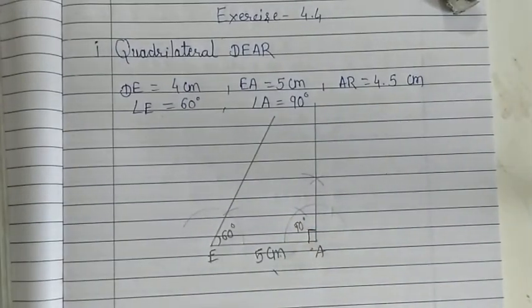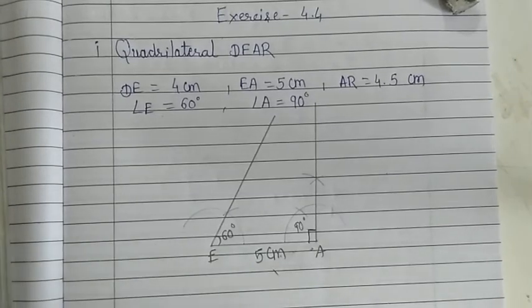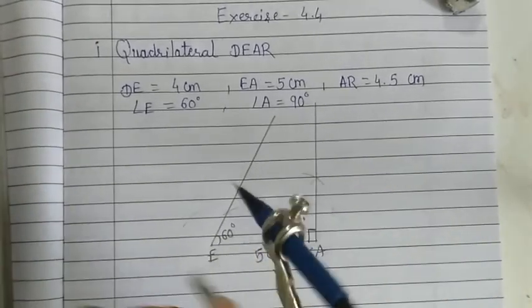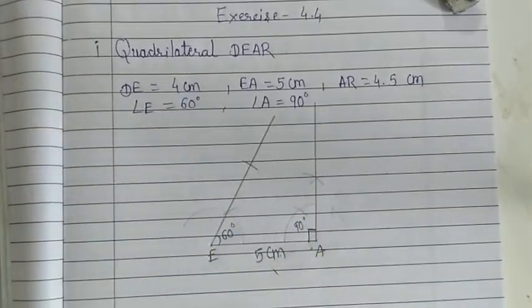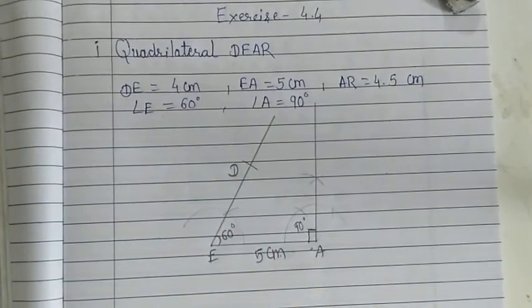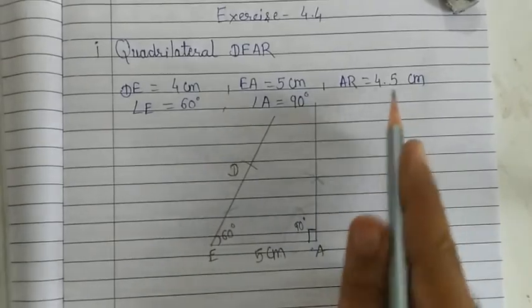Now friends, see, whatever other data is given, we have DE equal to 4 cm. So take E as a center and draw an arc of 4 cm. So we got our DE. This is our point D. Now in DEAR, AR is 4.5 cm.